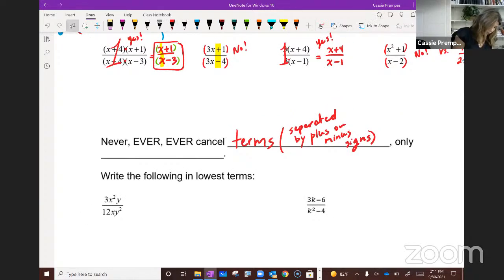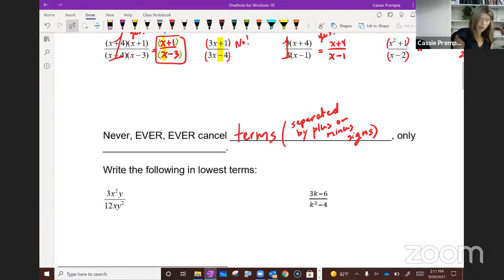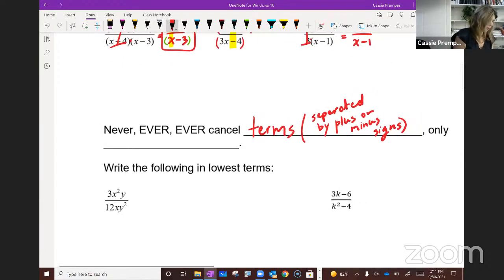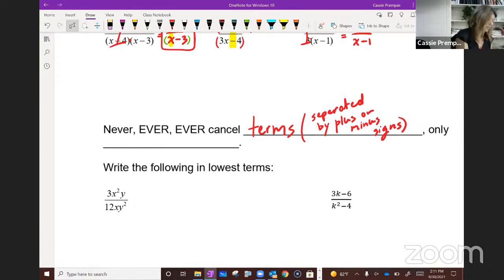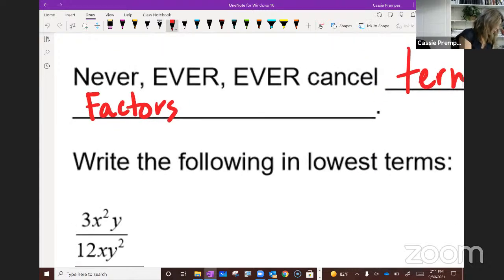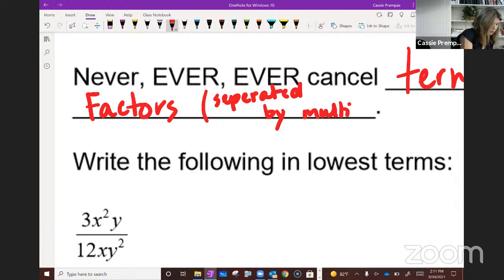So never ever cancel terms, only, what word do you think is going to go here? What can you cancel? Factors, awesome. Only factors. Factors are separated by multiplication.